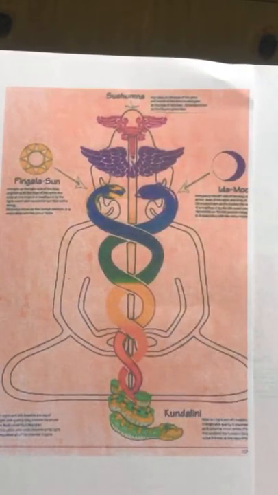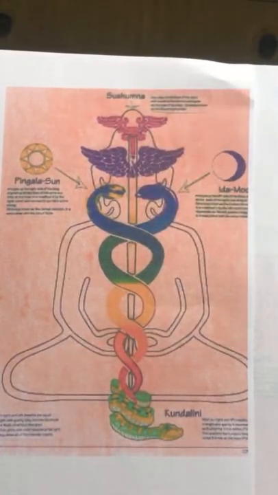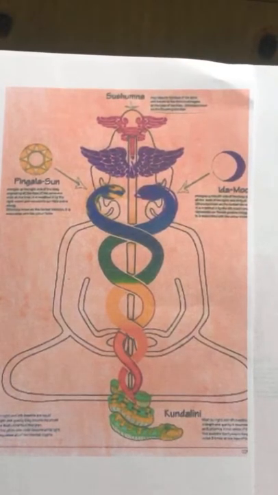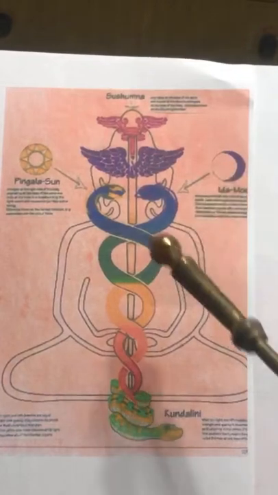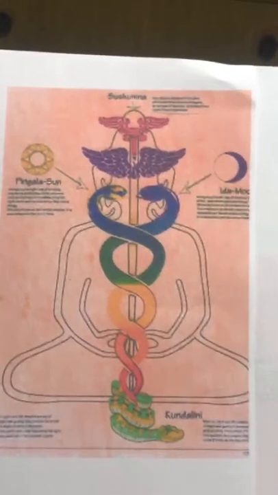Where they cross is a chakra. So when the energy is going up and down, at the level where it meets, the chakra is there. The meaning of the word chakra in Sanskrit is wheel, and both these energies are going clockwise. So what this does is it makes the chakra spin.